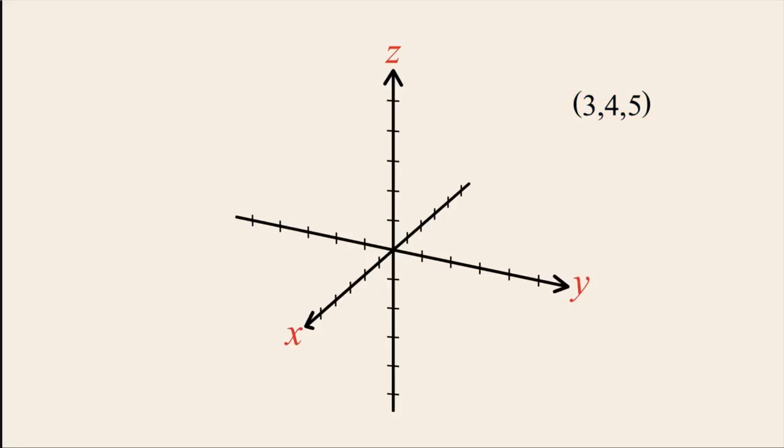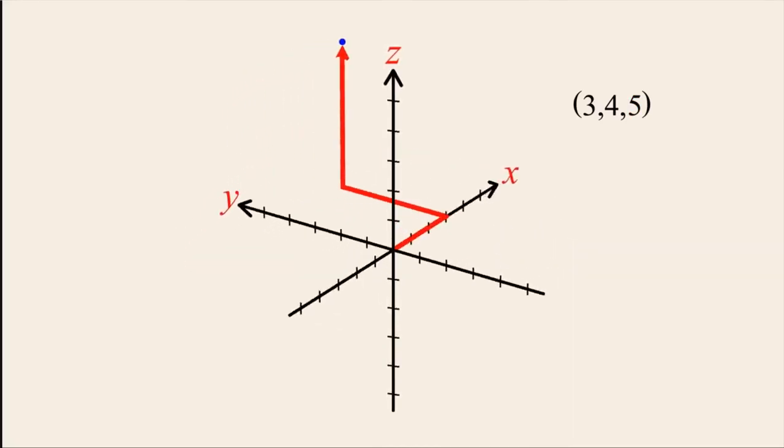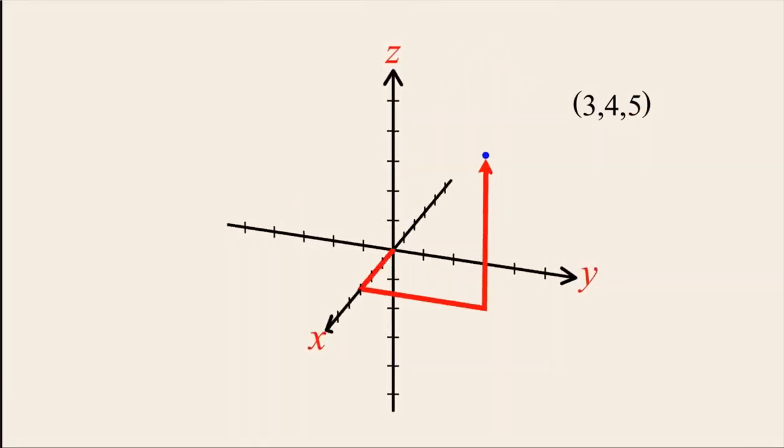To locate a point in this three-dimensional space, starting from the origin, we move along the x-axis a distance and direction specified by the x-coordinate. Then from that point, we move parallel to the y-axis a distance and direction specified by the y-coordinate. And finally, we move parallel to the z-axis a distance and direction specified by the z-coordinate. This determines the position of our point in Cartesian space.